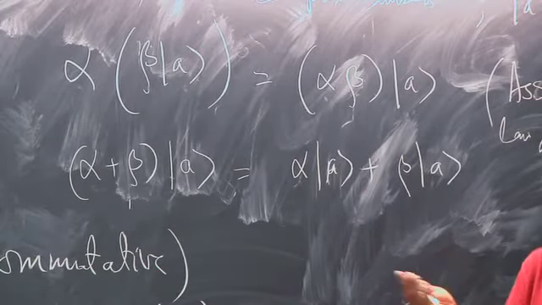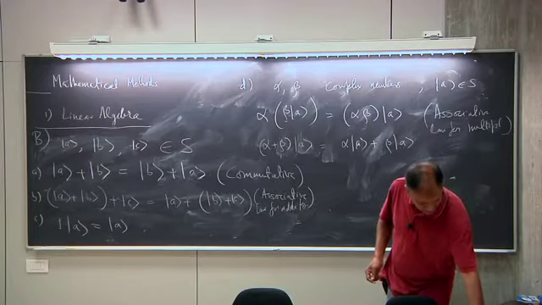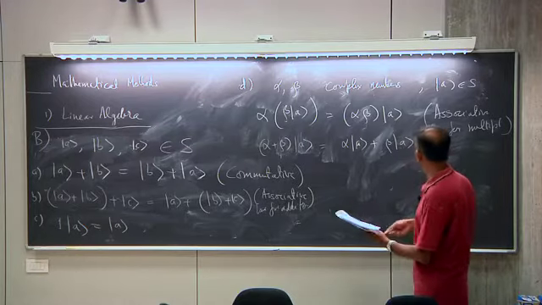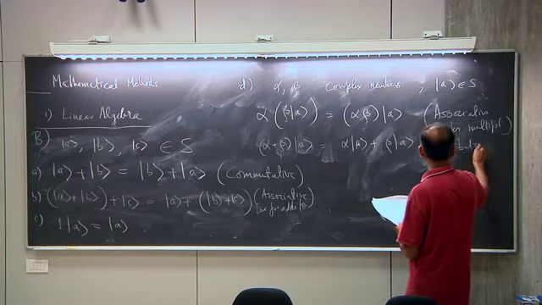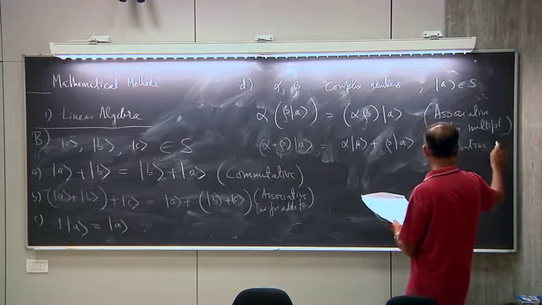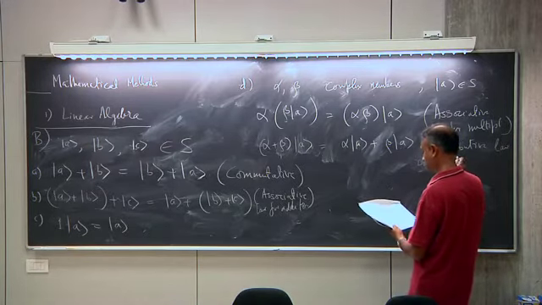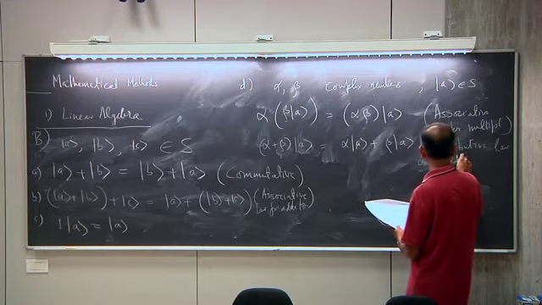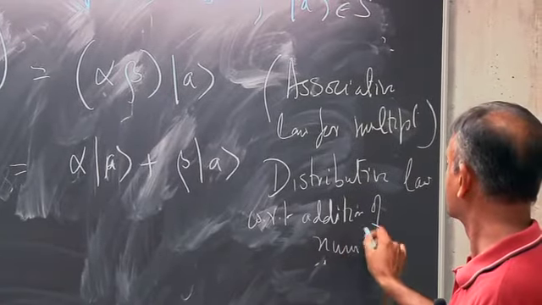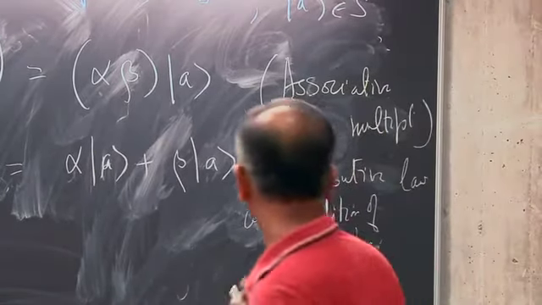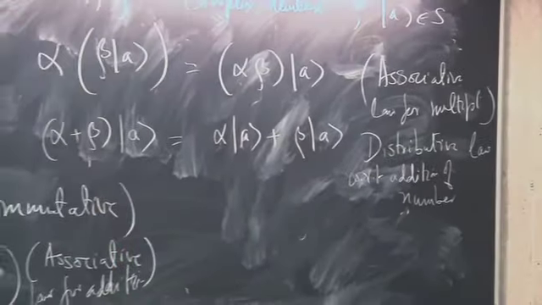That is just going to give me 2 plus 3, which is 5 times A, right? So this law is called distributive law with respect to addition of numbers, complex numbers. Instead of writing the whole thing, with respect to, WRT, with respect to addition of complex numbers.